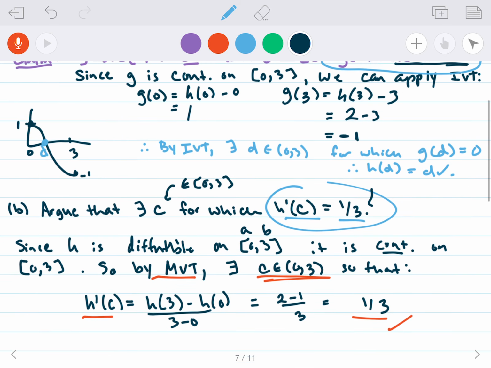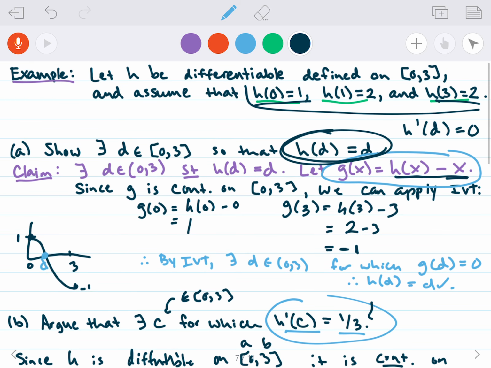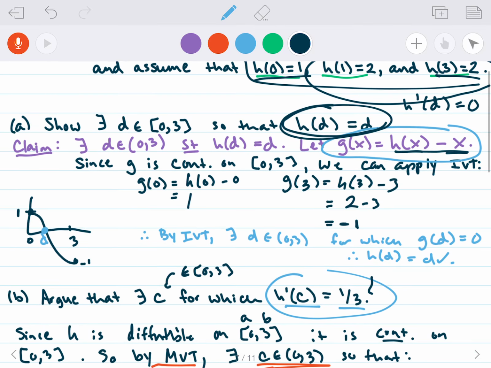Notice that what we're told here is that h of 1 equals 2 and h of 3 equals 2. And we know that h is differentiable on 0, 3. So we can apply the mean value theorem here.